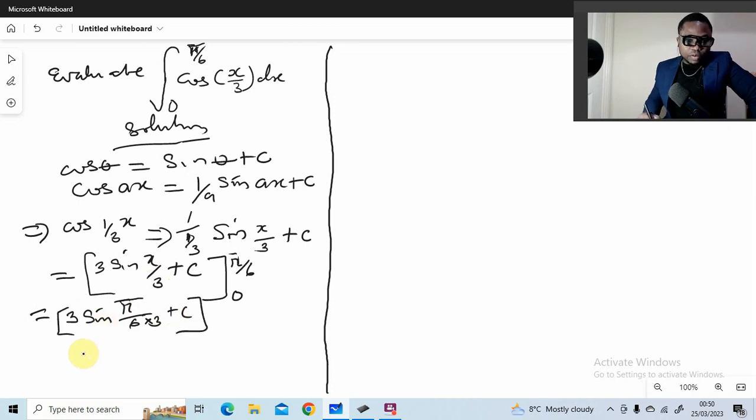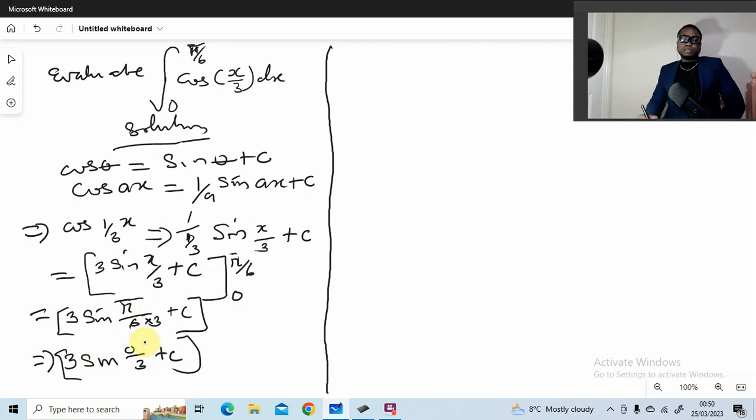For the lower limit, I'll have 3 sine, replacing x with 0, that gives 0 over 3 plus c. When you have the upper and the lower limit, you subtract the lower limit from the upper limit and simplify to get your answer.